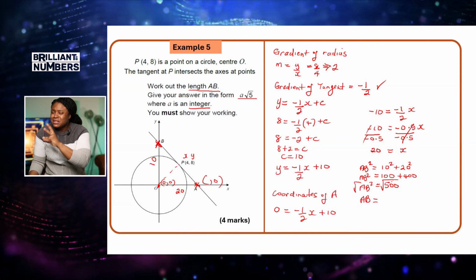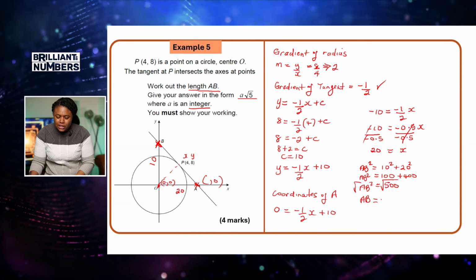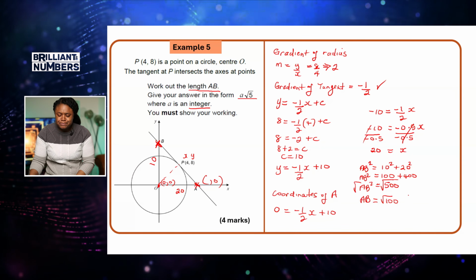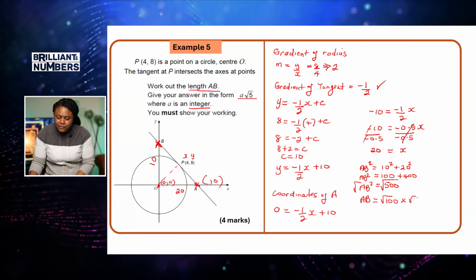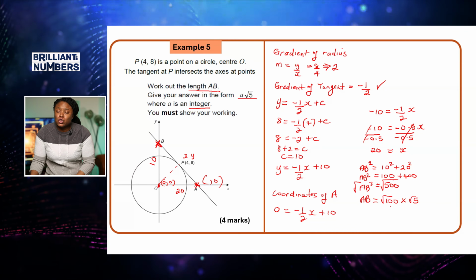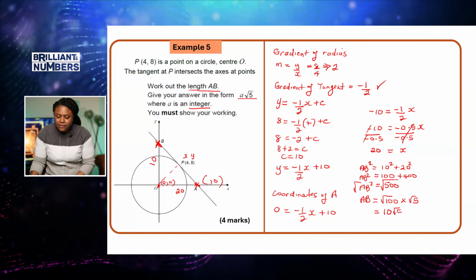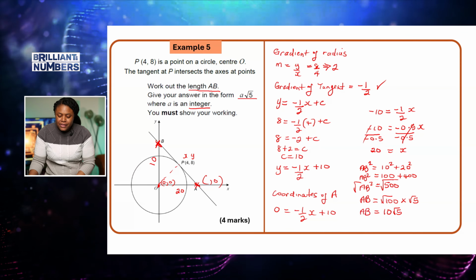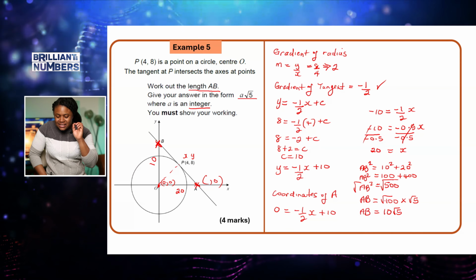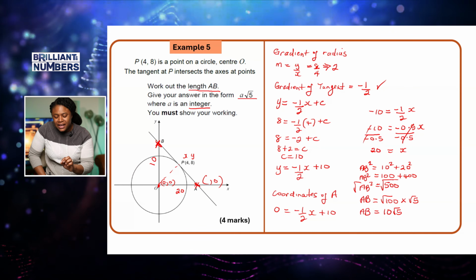So 100 times 5 gives me 500. So I can write root 100 multiplied by root 5. And then the square root of 100 is 10, root 5. So therefore, the length of AB is 10 root 5.